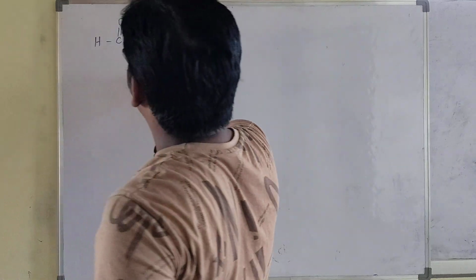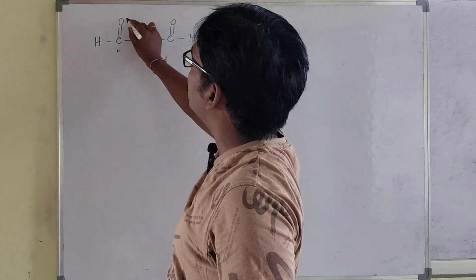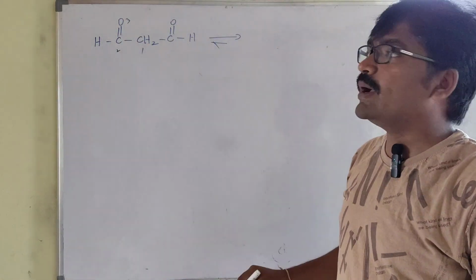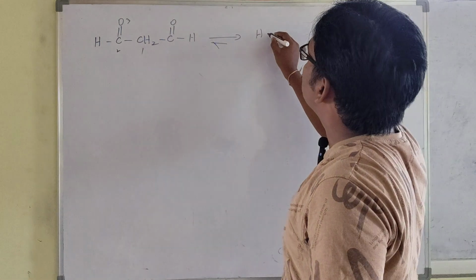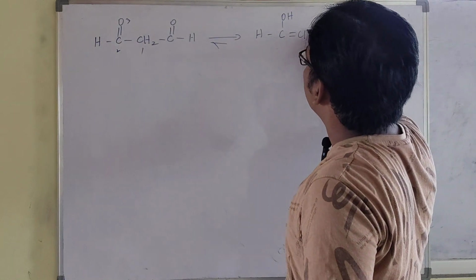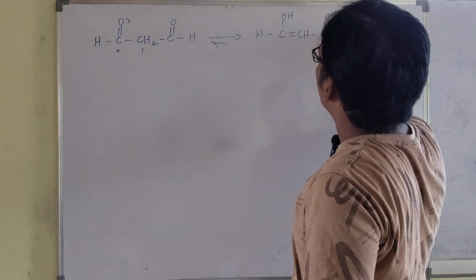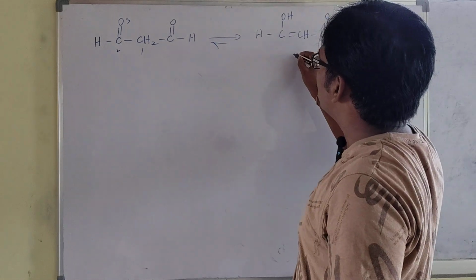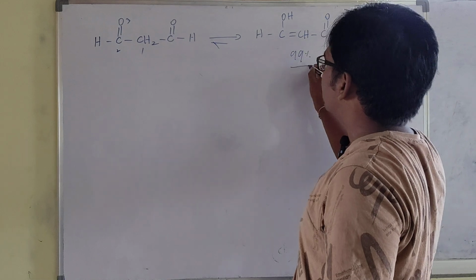Sir, write the enol content. Sir, 1, 2, 3, third position. Sir, H will migrate from there to here. Sir, H, C, OH, then double bond CH, then bond C double bond O, H. Sir, here this has the most percentage of enol content.